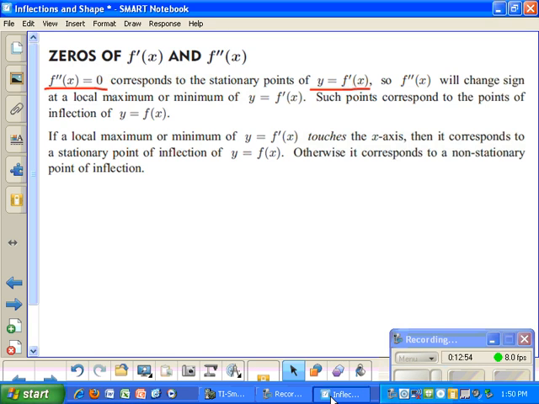But you've got to work with them, practice them, and take a look at each part of them before you can completely understand all of them. And that's really what it comes down to: first derivative equal to 0, second derivative equal to 0, finding those points. And sometimes, if they appear in both, they're horizontal, and you're going to find extra points of inflection when you find the second derivative, if there are any.